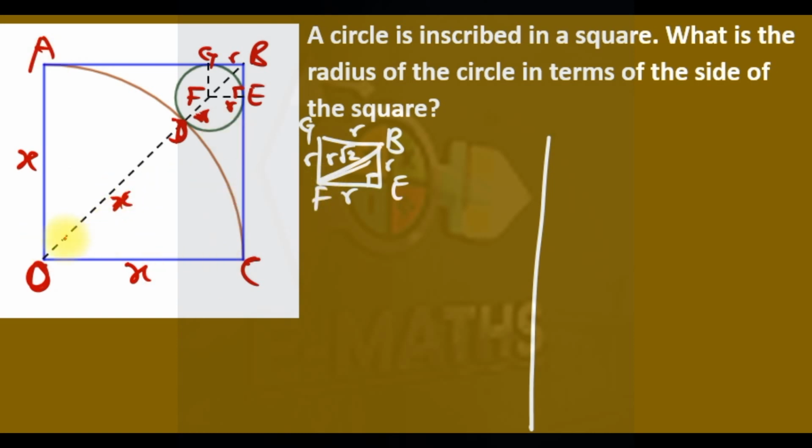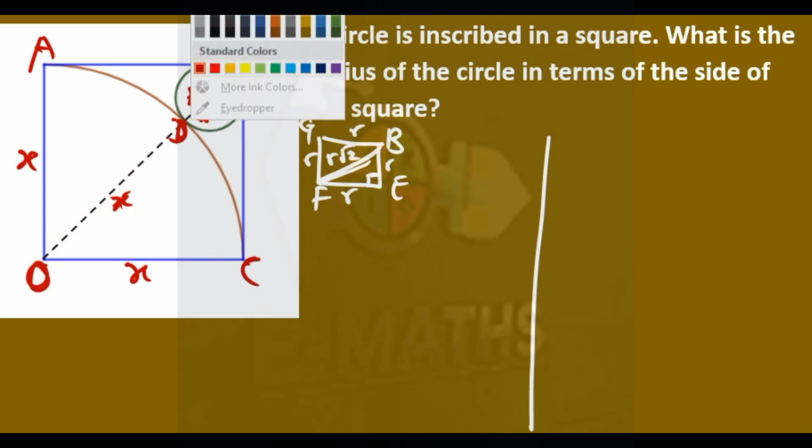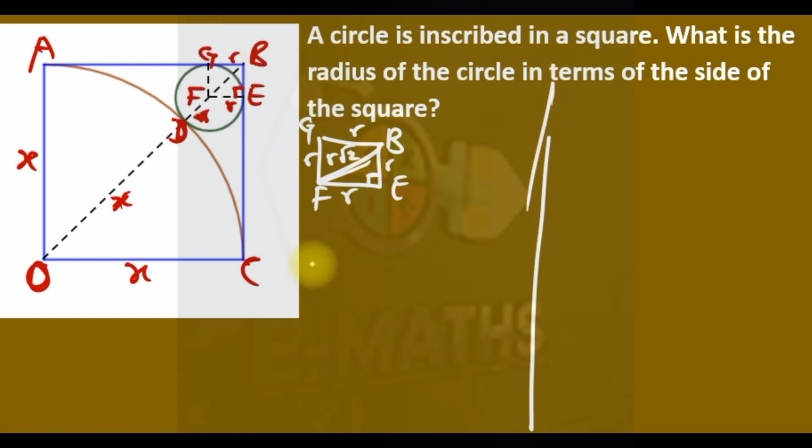So this is X, this is R, and this is R root 2. And OB is the diagonal of the big square. You can easily see that OB is equal to OD plus DF plus FB.